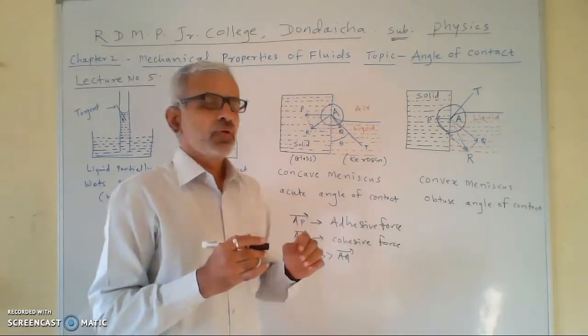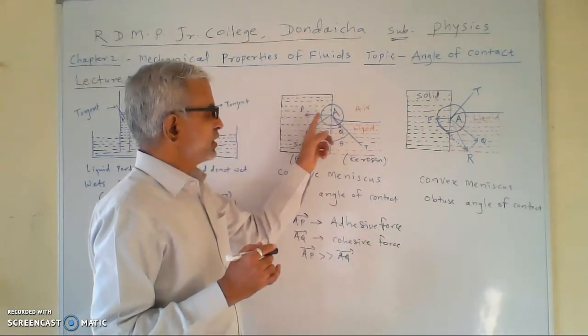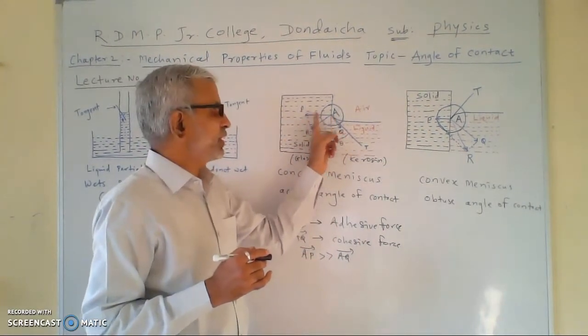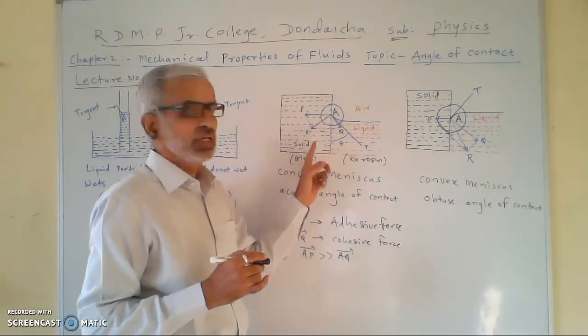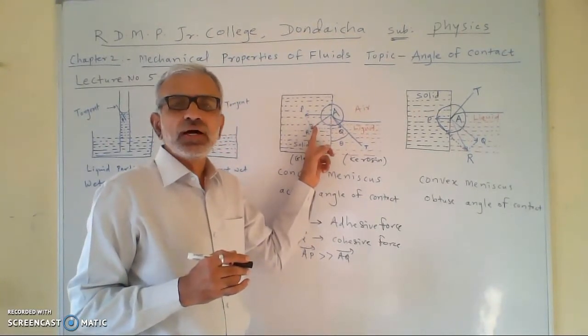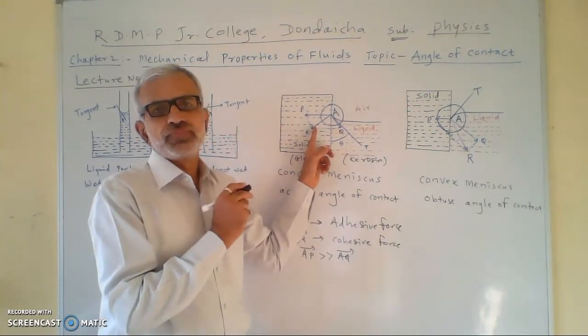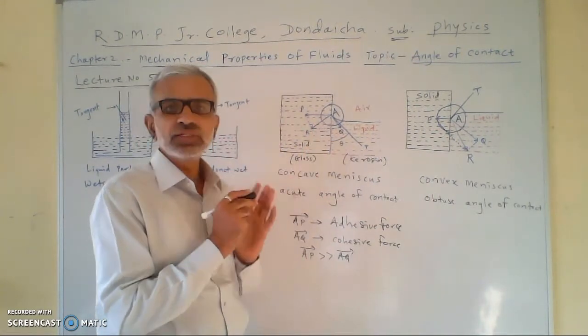And therefore if you draw the resultant of vector AP and vector AQ, the resultant is vector AR, and this vector AR lies in the solid.